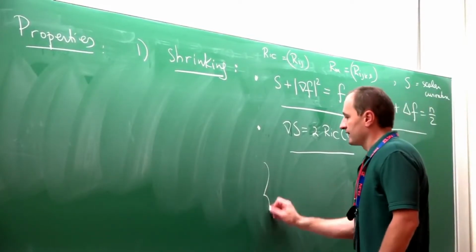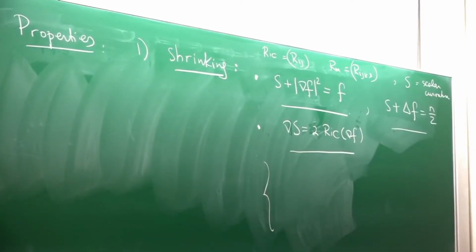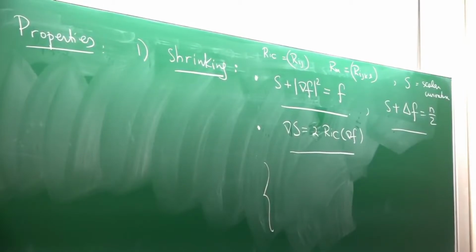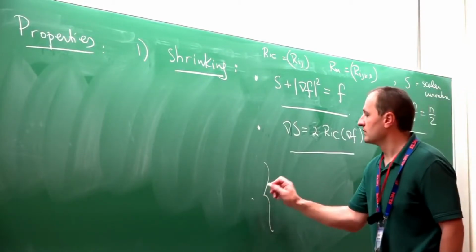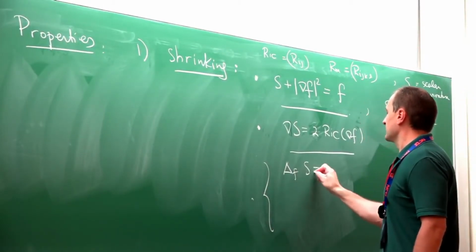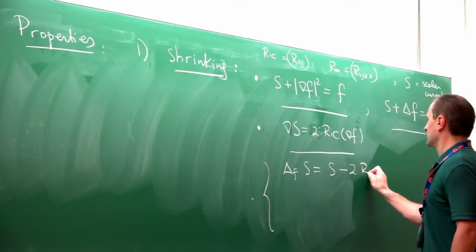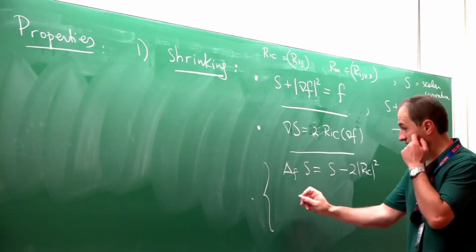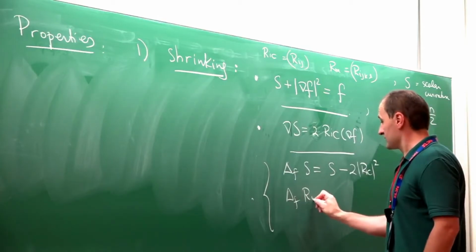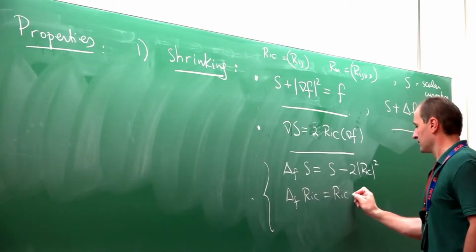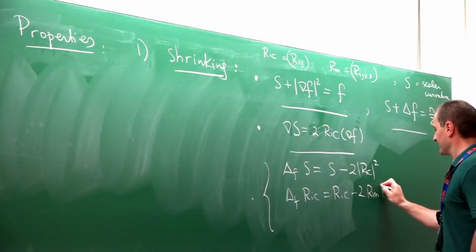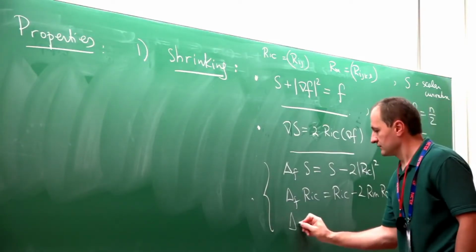And then there's a set of equations that we know from Ricci flow. You can prove them directly here, but they also follow from Ricci flow. So these are equations for scalar curvature, for Ricci curvature, and for Riemann curvature.